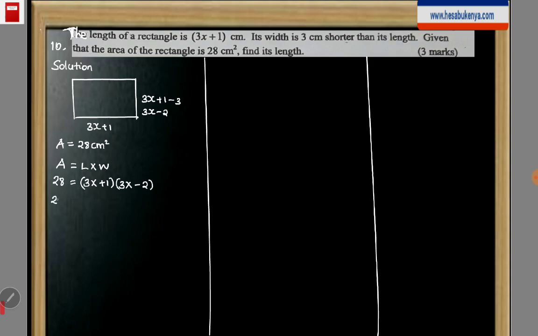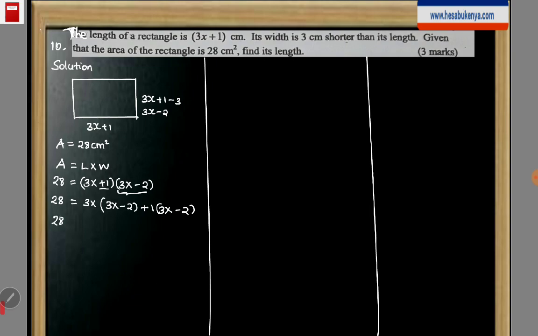So opening the brackets, we have 28 being equal to 3x times 3x minus 2, plus 1 multiplied by 3x minus 2.